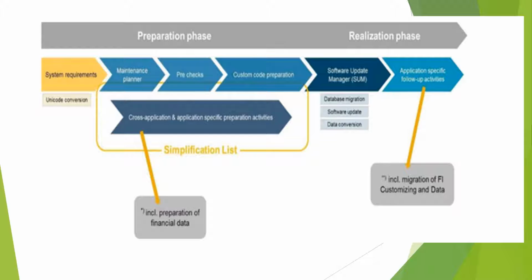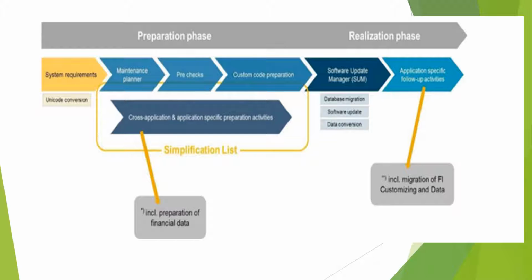During the system requirement, there is a Unicode conversion. The cross application and application specific preparation activities cover the simplification list, the maintenance planner, pre-checks and custom code.